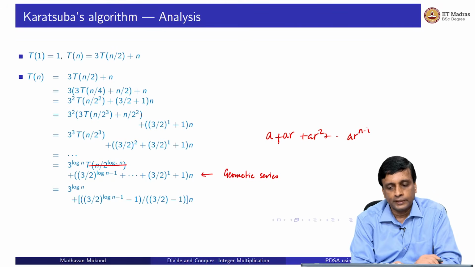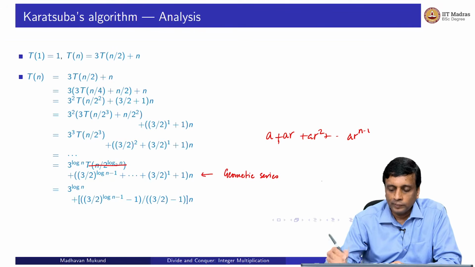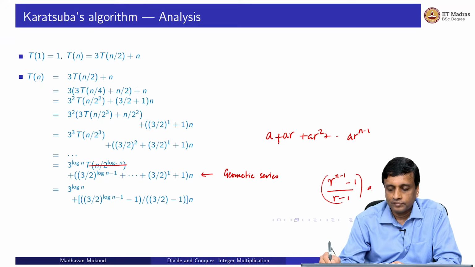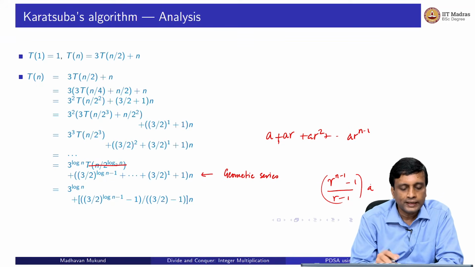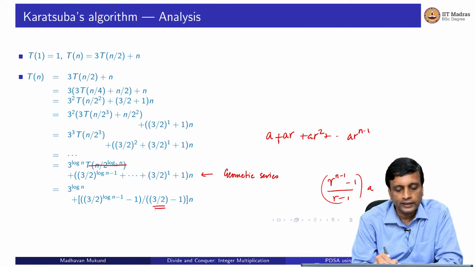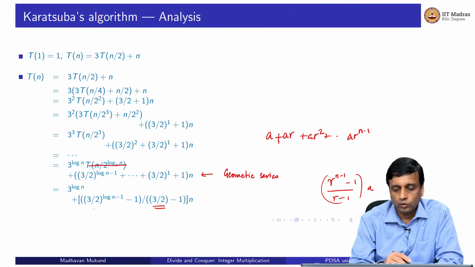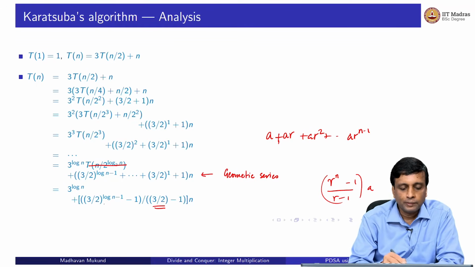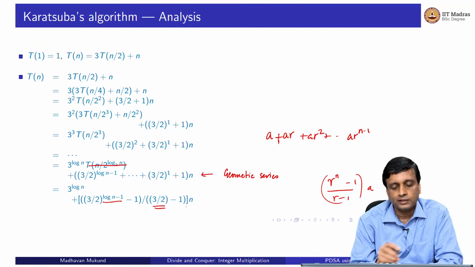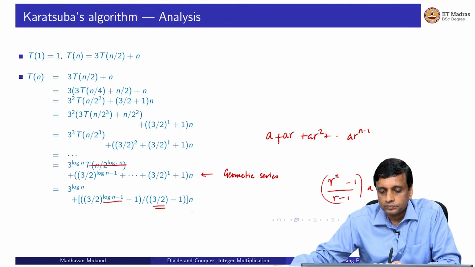In our case r is 3 by 2, and in the geometric series formula, if I have n terms, one of the formulas is r to the n minus 1 divided by r minus 1 times a. So, this is a formula, and I am just applying that formula. So, 3 by 2 is my ratio, so that is my r. So, 3 by 2 minus 1 is in the denominator, and 3 by 2 to the number of terms in my thing is in the numerator.